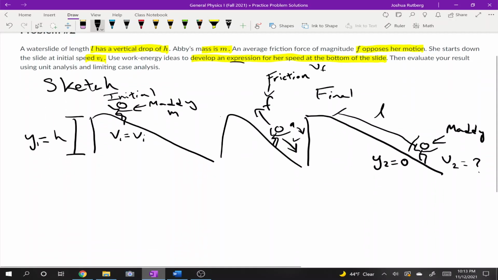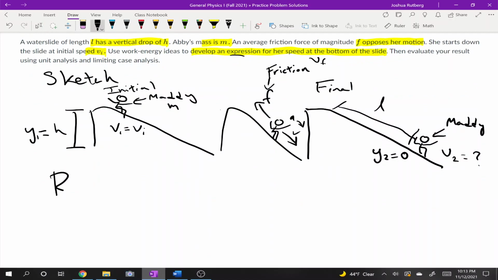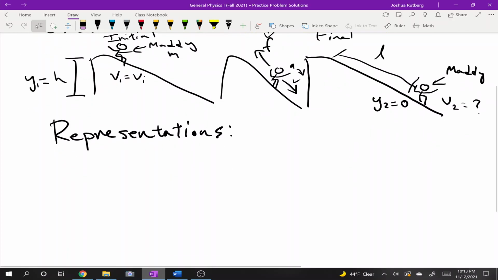Okay. So let's draw my representations. First I can draw a motion diagram. We are told that she is moving with some initial velocity VI. I think she's going to be speeding up.